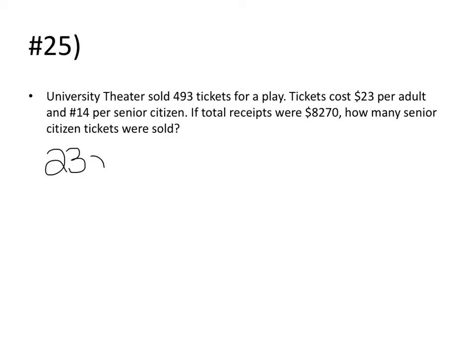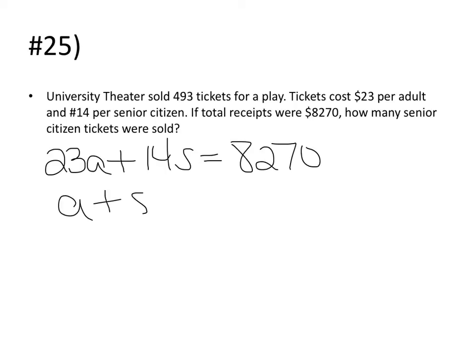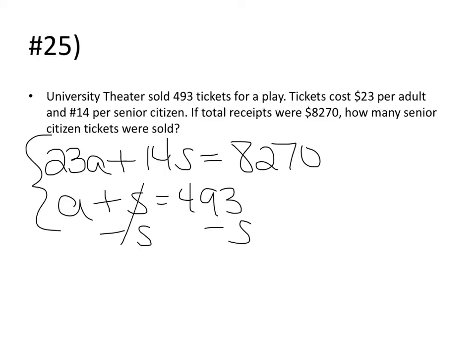That was dumb. So 23A plus 14S is equal to 8270. And then A plus S is equal to 493. So I'm going to subtract S from both sides. Well, it's prettier that way anyway.